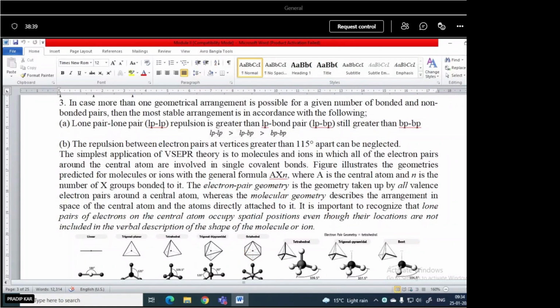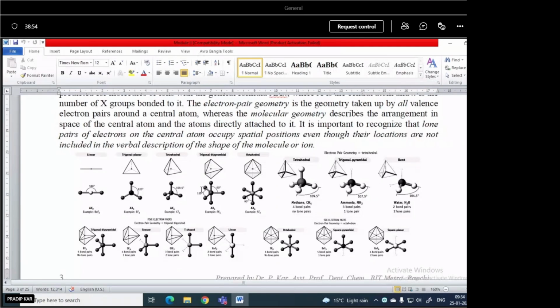And by considering the VSEPR theory, we can explain the structure. If we consider the geometry of an atom having two bond pairs, the two bond pairs must be at 180 degrees, the highest possible distance.